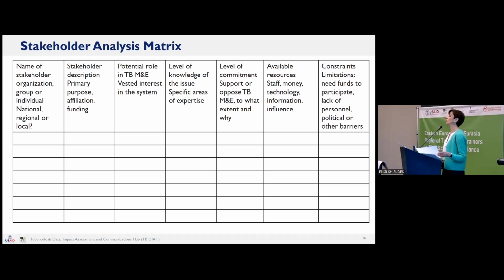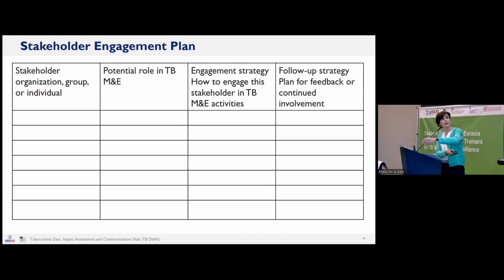And the last one, constraints and limitations of the organization or the person. Maybe they have insufficient personnel, maybe they work quite well in one region, but for the other region they may not have sufficient people. So very often stakeholders give out this information, they're quite happy to communicate. So this is the analysis like this.